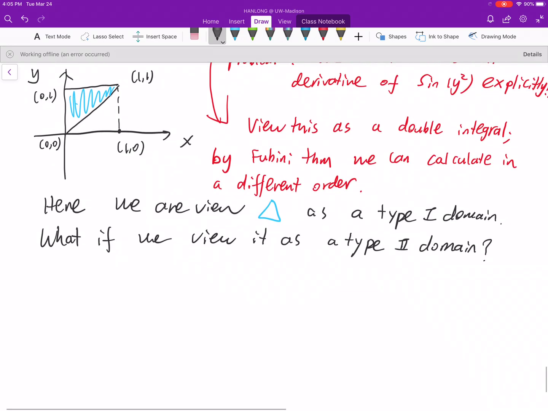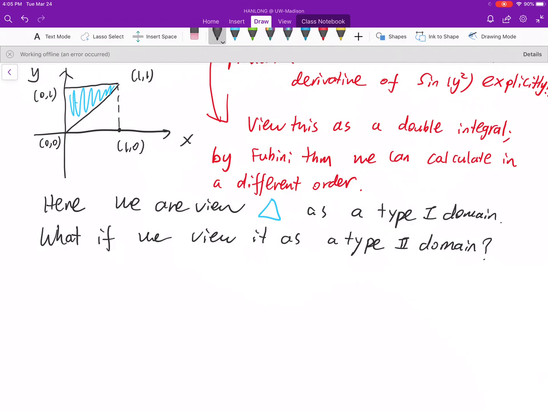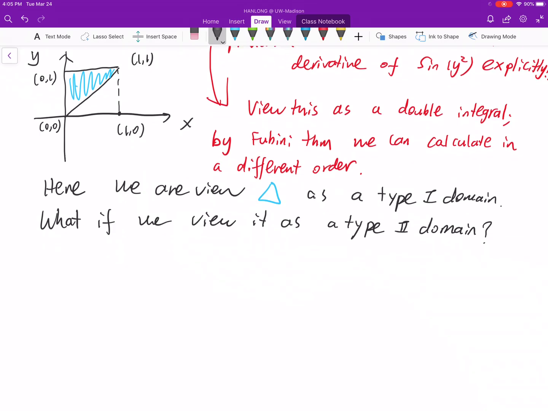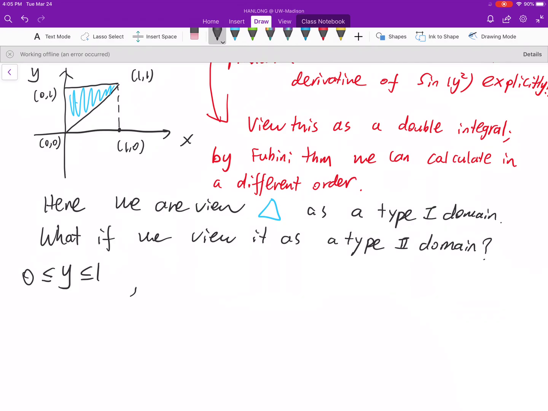Now let's change everything to the type 2 domain setting. So here y is between 0 and 1. Recall this line is y equals x. Therefore, x should be within 0 and y.